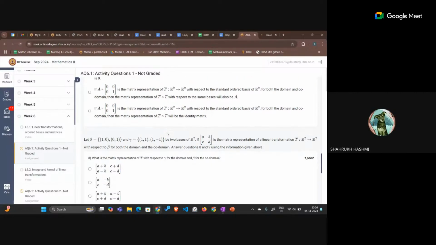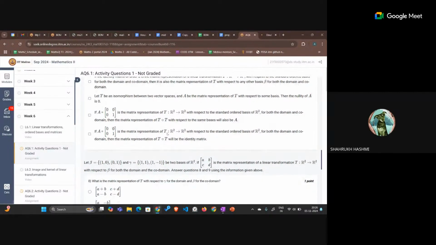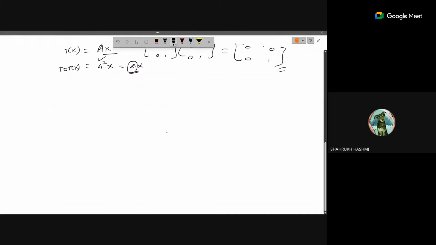So like T of T, you have found out directly by putting the T of X value. So this T of T means, what is inside?